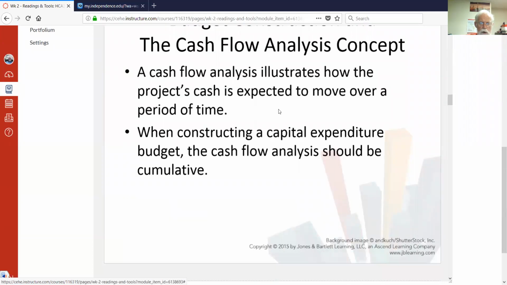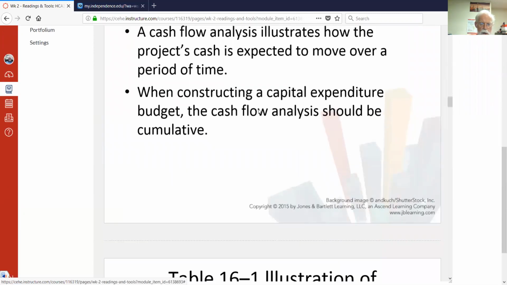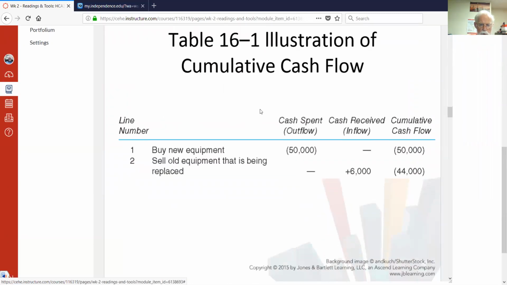So we need to look at our cash flow analysis, and it needs to be cumulative. In other words, what are we expecting to spend over time? So in this particular case, we're looking at an example of buying some new equipment. Say we've decided that in our rehab department we want to have our own gym and PT equipment.